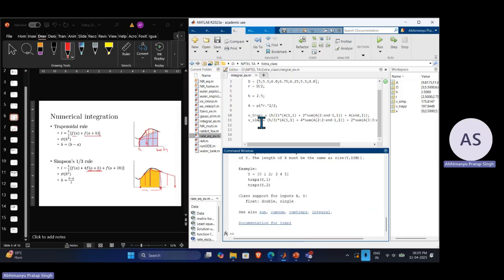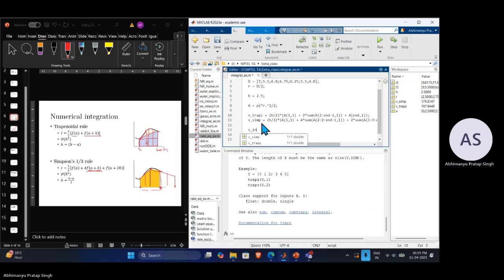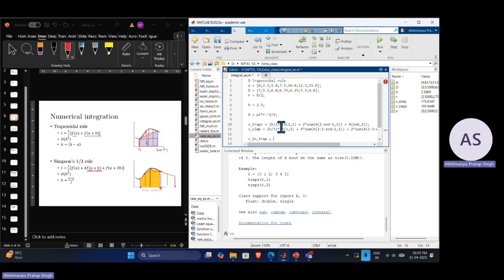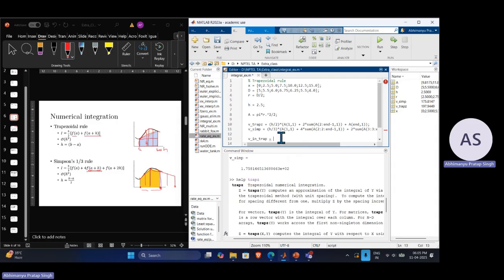Okay, so the inbuilt trapezoidal rule. Yeah, so the function name is trapz.